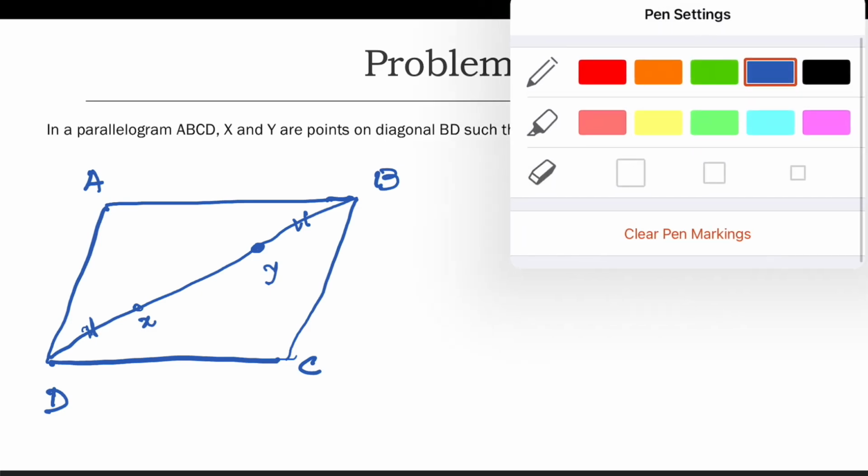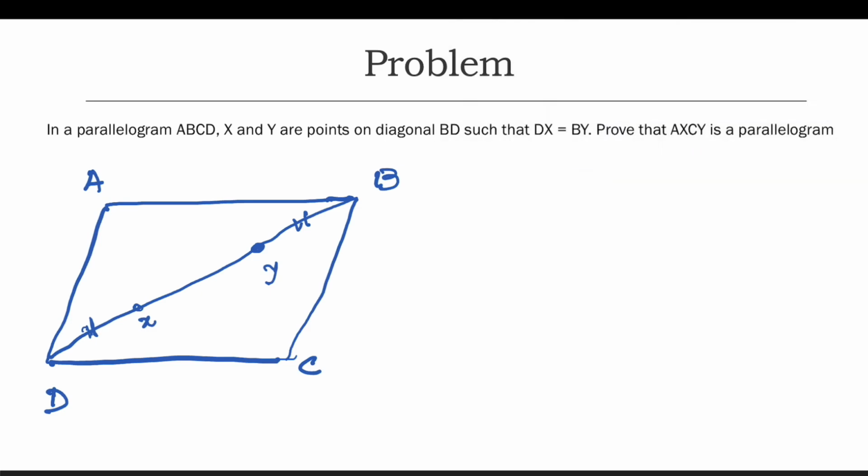AXCY. So let's draw AXCY with a different color. What I need to prove is AXCY. So this is AXCY, right? AXCY is a parallelogram. Now to prove that, what do I need to prove?